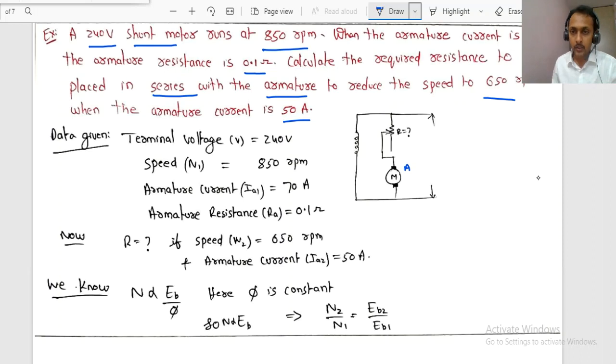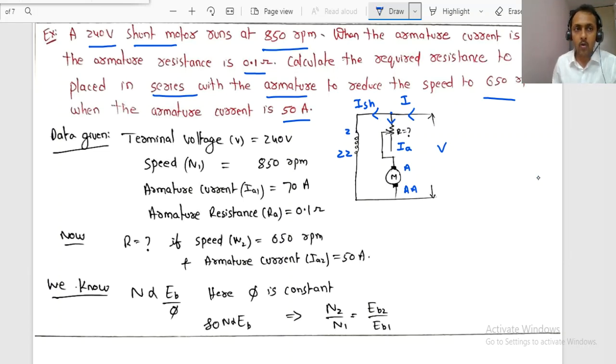In your laboratory, you can observe this is the armature A winding, and this is the field winding Z. This is the variable name we will give. Here you will apply the terminal voltage, and some current I will be drawn by the machine. Out of that, some current flows to the armature IA, and some current will flow to the field winding ISH. Right? Here if you apply the KCL, I equals IA plus ISH.